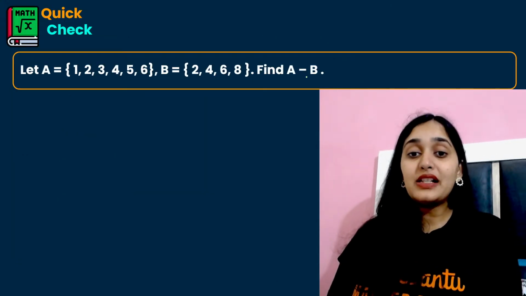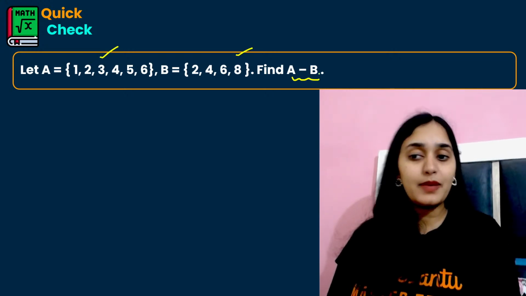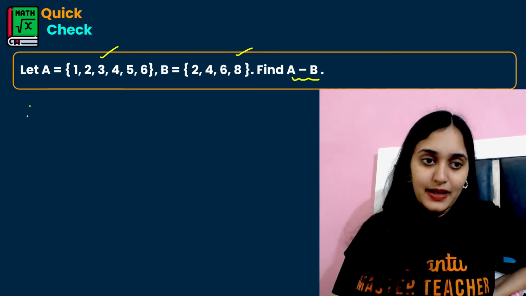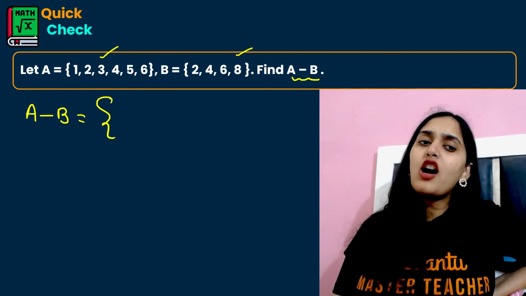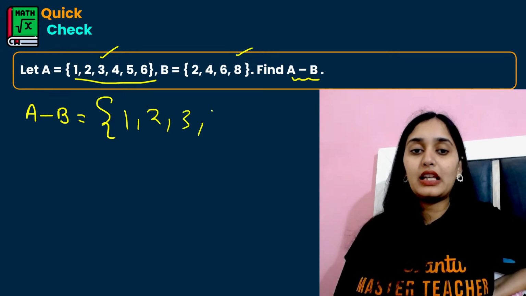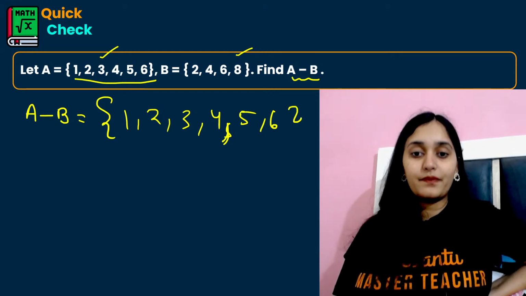For example, if set A is this, set B is this, find A minus B. So, what will be A minus B? A minus B is basically all the elements of set A: 1, 2, 3, 4, 5, 6.